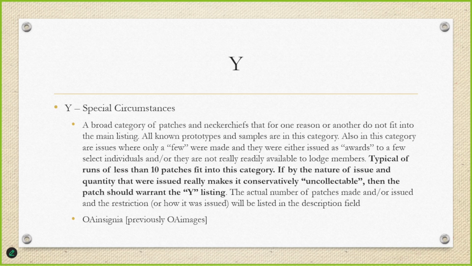Typical of runs of less than 10 patches fit in this category. If by nature of issue and quantity issued they really make it conservatively uncollectible, then the patch should warrant the Y listing. The actual number of patches made and/or issued and the restriction of how it was issued will be listed in the description field.